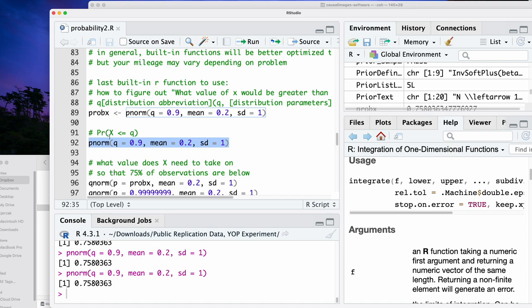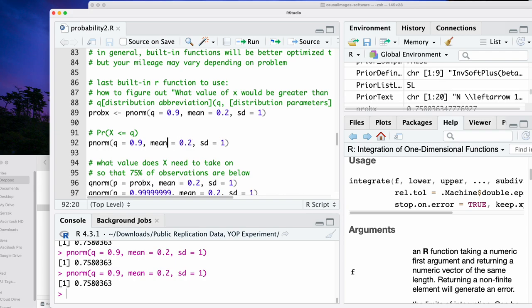The idea is that if we were to repeatedly take random draws from this distribution, about 76% of all of those draws would be 0.9 or below. So it's computing a probability, and it's giving us that.